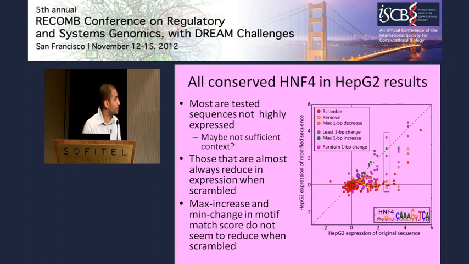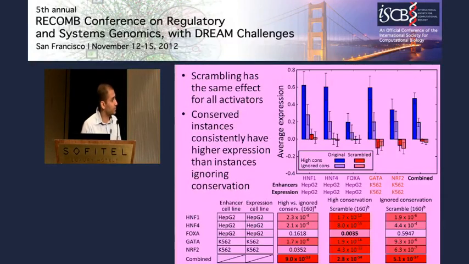Of course, we tested hundreds of sequences, and here for the conserved HNF4 motif instances, we see that all the disruptive changes are basically below this line, or almost all of them, whereas the non-disruptive changes are on the line, where here we're showing the expression of the original sequence versus the expression of the modified sequence. This is one factor of the 5 factors that we tested.